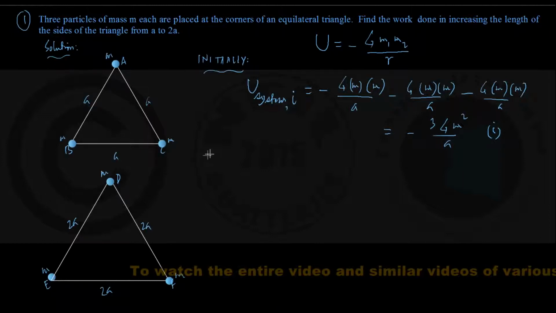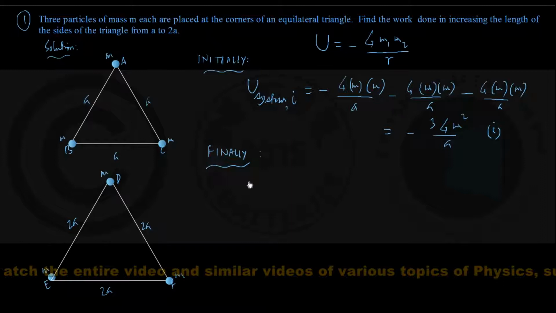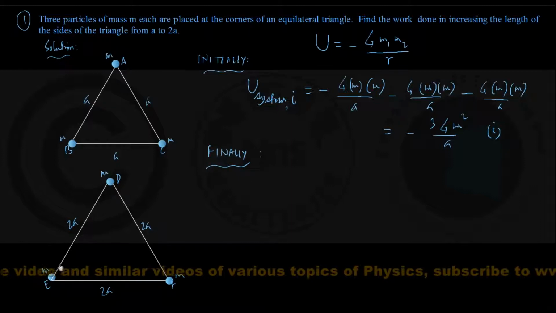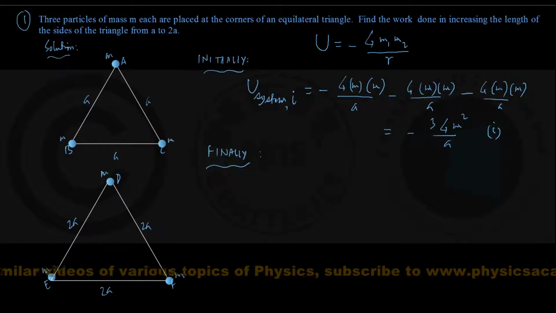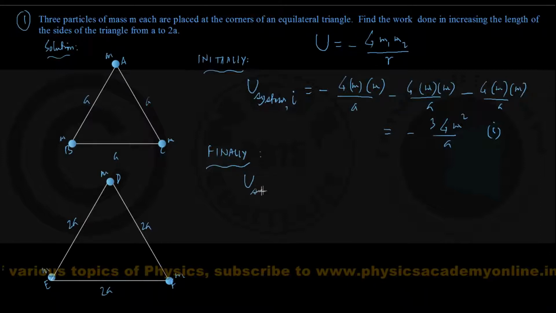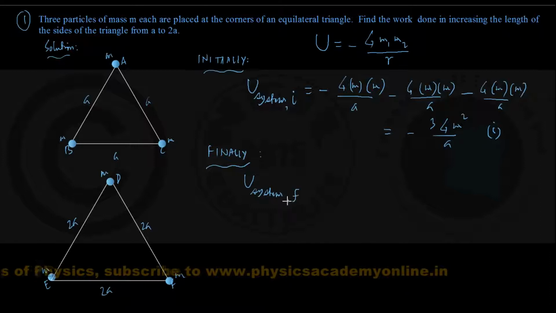Let us come to the final situation, which is depicted in my second figure here, and proceeding in the same manner, that is taking up a pair of particles at a time and using this formula again and again for a two-particle system, we could write down the system's final potential energy.